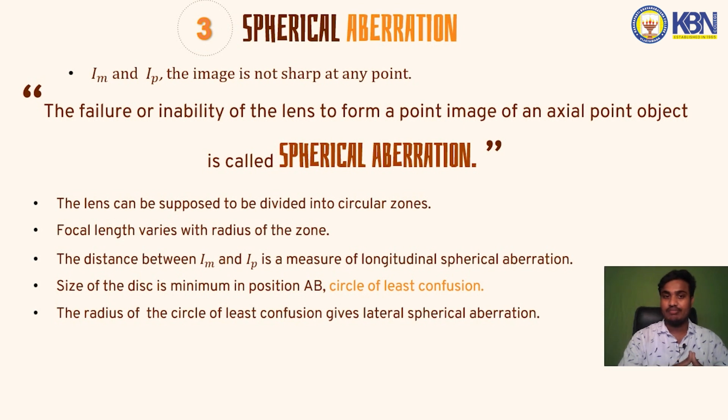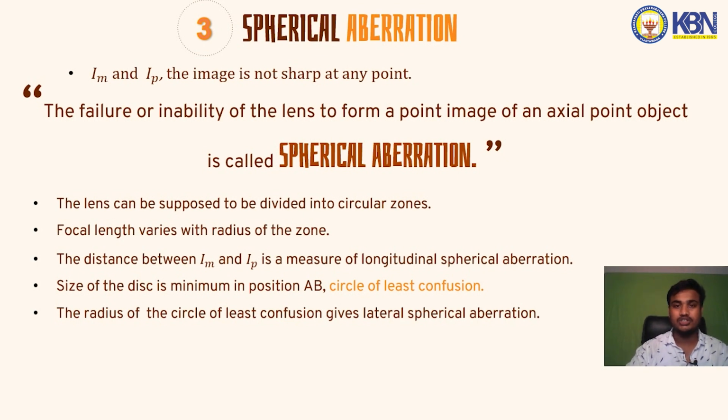This is the first one. In monochromatic aberration, the first one is called spherical aberration. Okay. In spherical aberration, if IM is where all the marginal rays meet and IP is the point where all the paraxial rays meet, the image in between these points is not sharp.